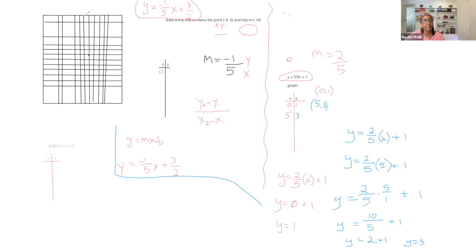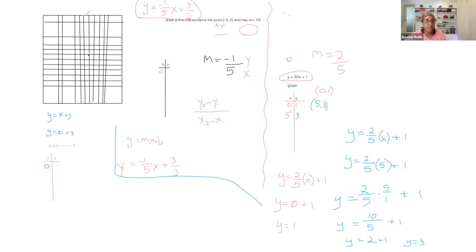So this is my equation, y equals x plus 3. I'm gonna choose x as a 0. If x is 0, then I have y equals 0 plus 3.